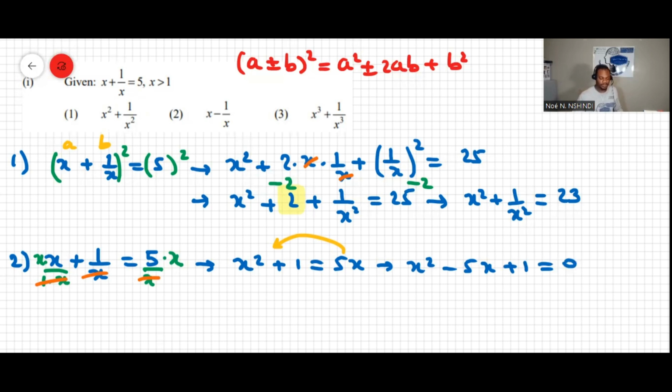Now, with x minus 1 over x, if I want to get rid of the denominator x, I'll times it by x, I'll times it also by x, and then we can cancel the denominator, and then we'll have x squared minus 1.